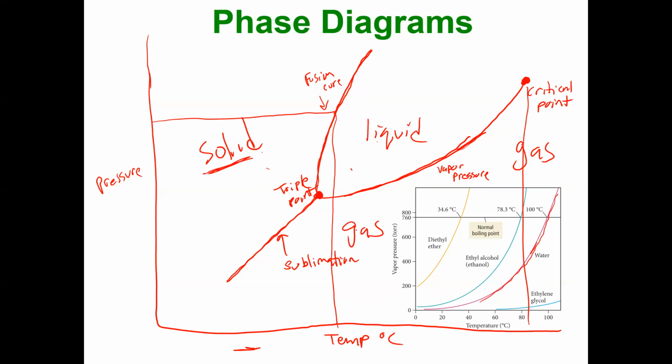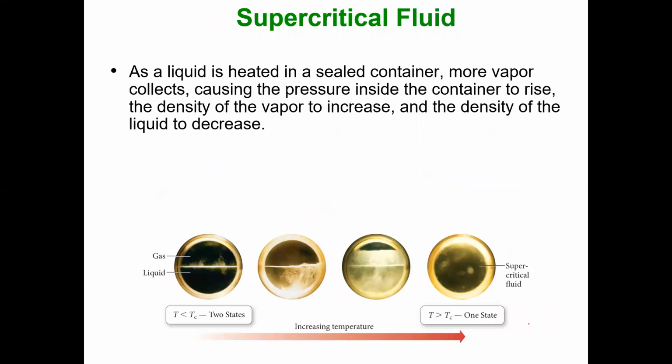So to start the phase diagram discussion and how to read these, we talk about supercritical fluid. And again, if I take a liquid and put it in a sealed container and heat it up, as more of the vapor collects, it's going to increase the pressure inside the container, right?